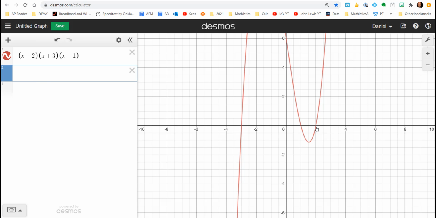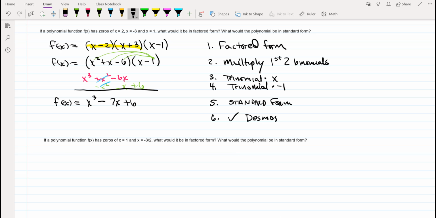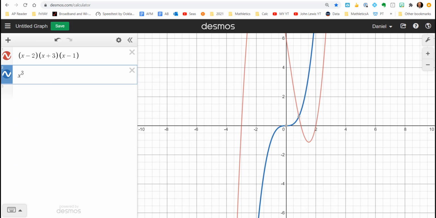Now the polynomial that I came up with was x, then our little caret button and then the 3, so x cubed, and then my other term was negative 7x and plus 6. I'm going to take that trinomial, x cubed minus 7x plus 6, and that is going to go into our second spot here.